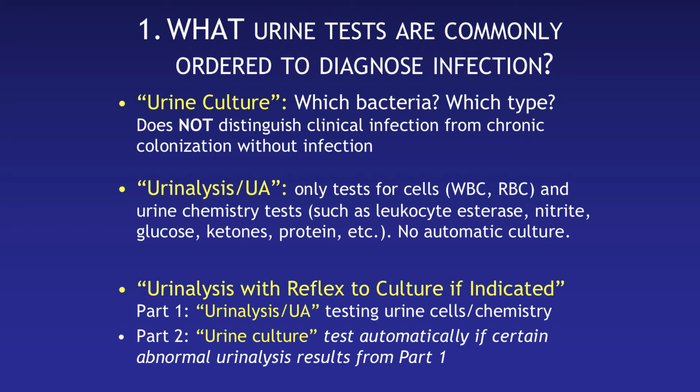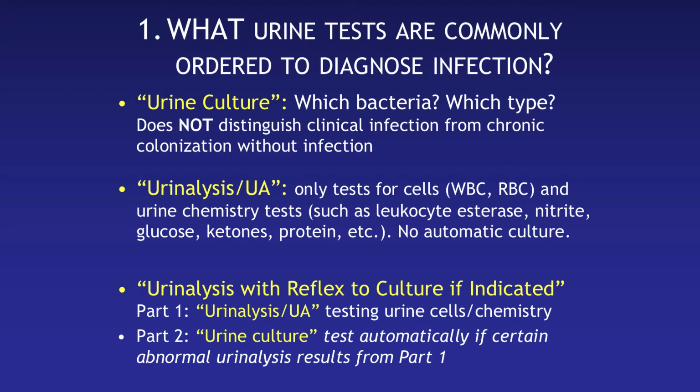A third test available at some hospitals and nursing homes is known as the UA, or urinalysis with reflex to culture if indicated, which is potentially a two-part test. Part 1 is a standard UA testing for urine cells and chemistry, and Part 2 includes a urine culture test that is generated automatically if there are certain abnormal urinalysis results from Part 1 that are more commonly seen in UTIs.